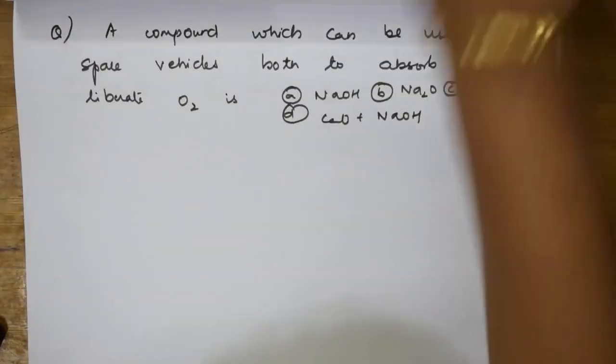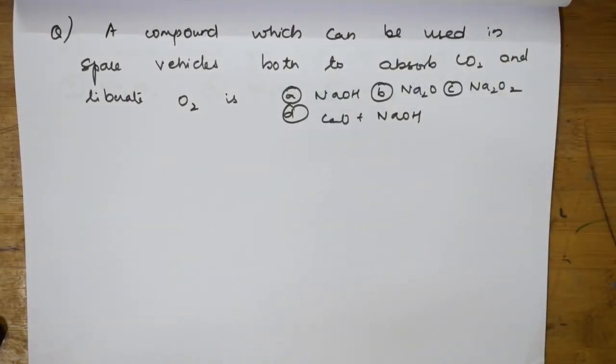Next question. What do they give me? A compound which can be used in space vehicles both to absorb carbon dioxide as well as to liberate oxygen. So what are the options?